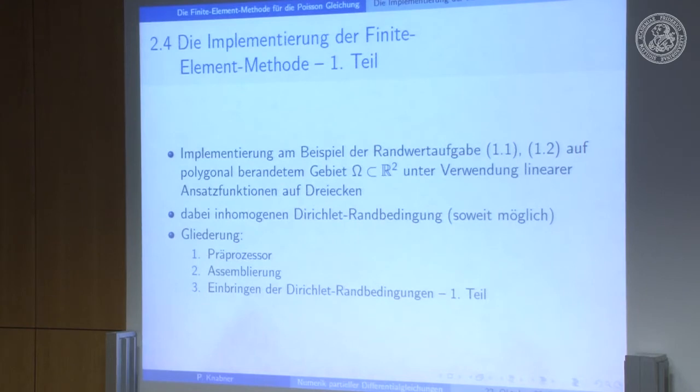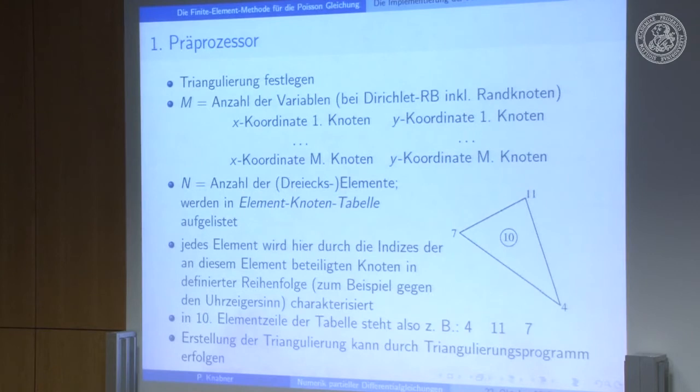So the first thing is we have to define the domain and we have to define the triangulation. In fact, it's sufficient to define the triangulation. By defining the triangulation, you also define the domain. So let's first do this.